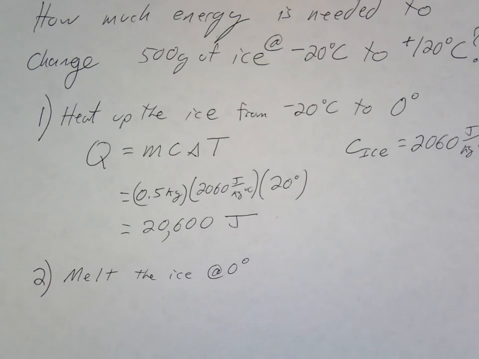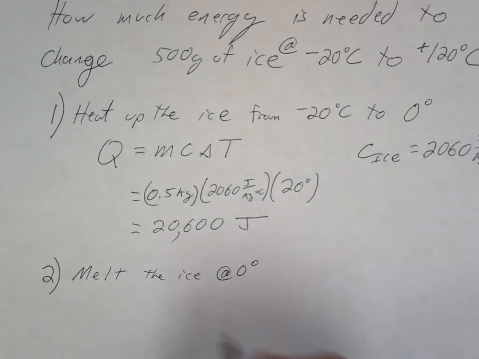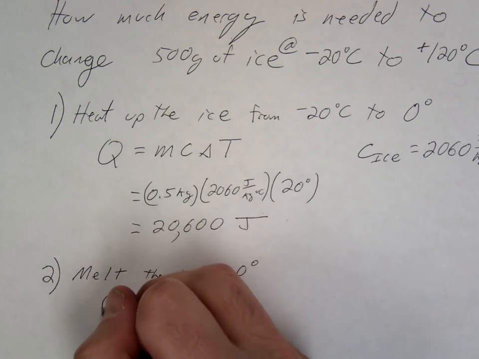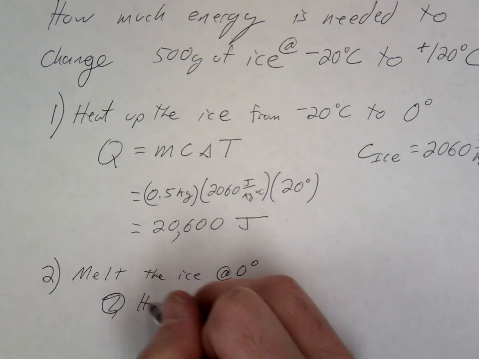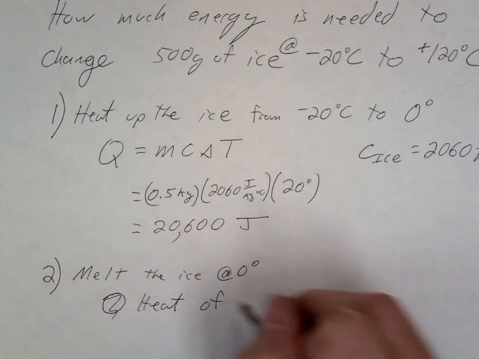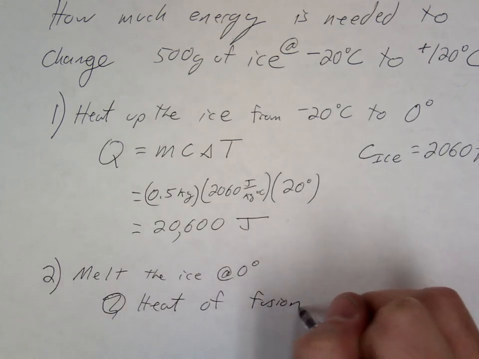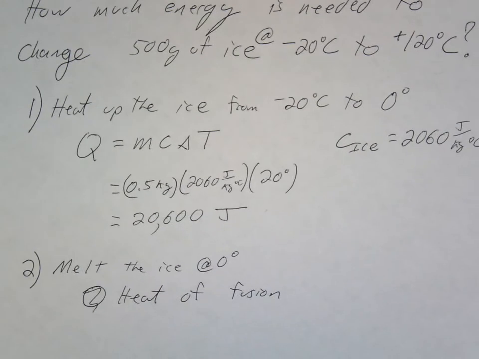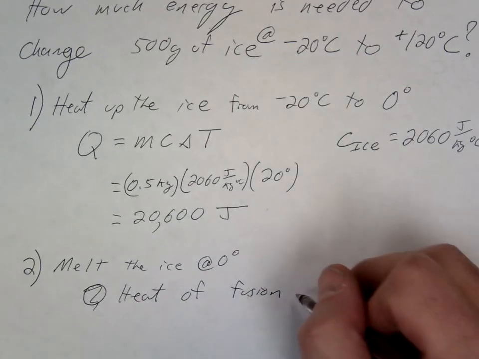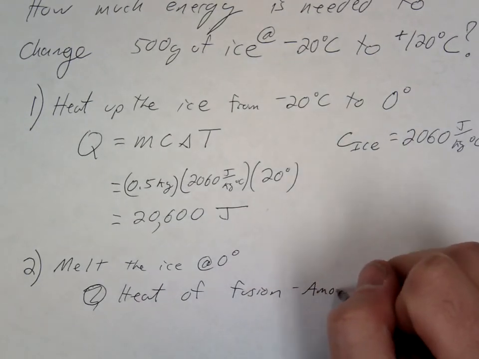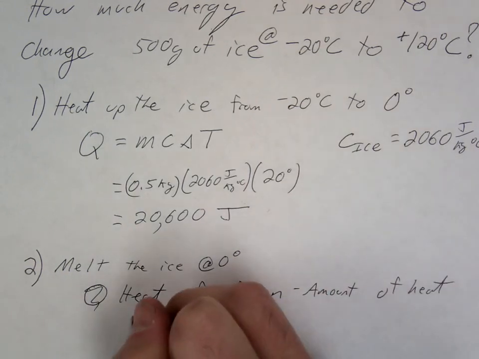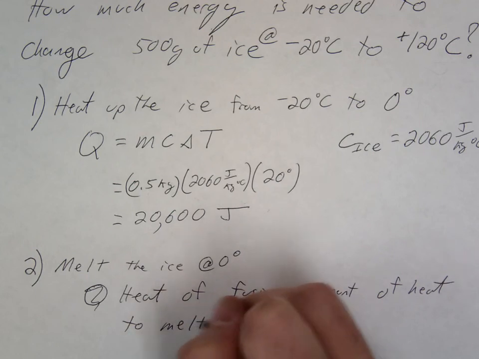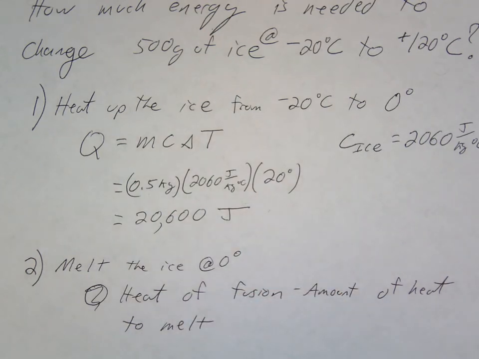Okay, so to melt the ice, we have something that's called the heat of fusion. Actually, let's write that. And this is basically the amount of heat needed to melt something. And this would be if you're adding heat, you're going to melt it.